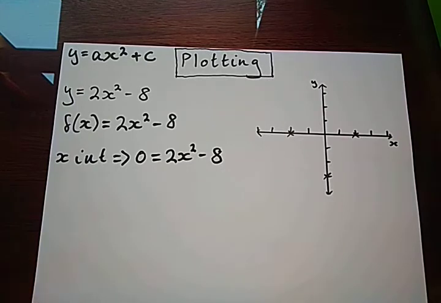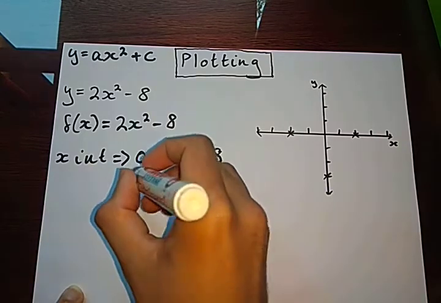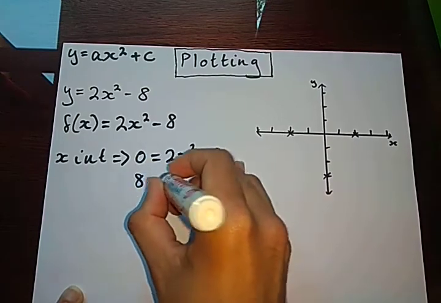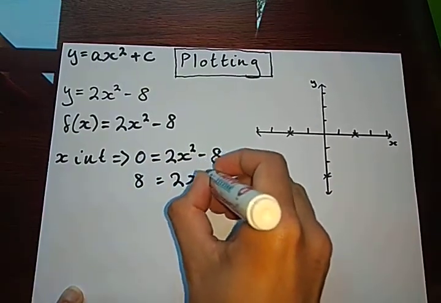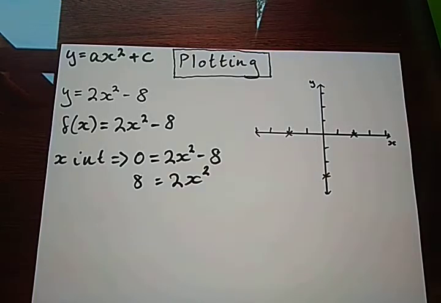And I'm going to go ahead and use basic algebra techniques to solve for x. You could probably apply the dots method to this equation, which is probably a bit more efficient, but I'm just going to stick to the basics. I'm going to take the negative 8 over, which reads 8 is equal to 2x squared.